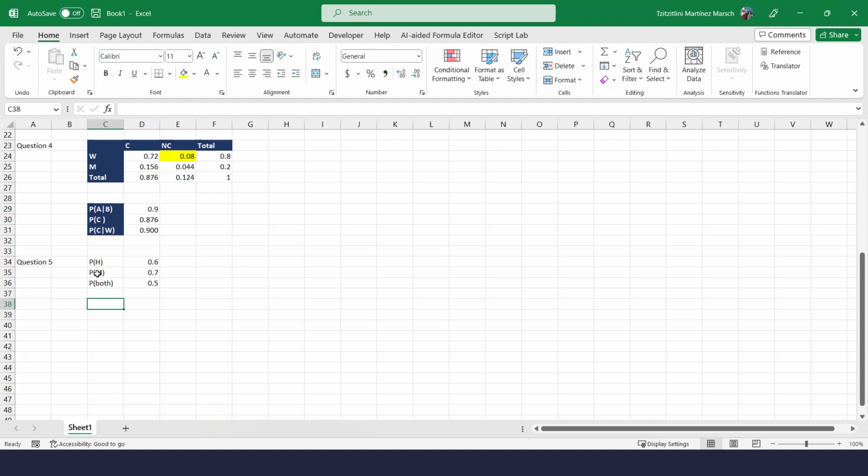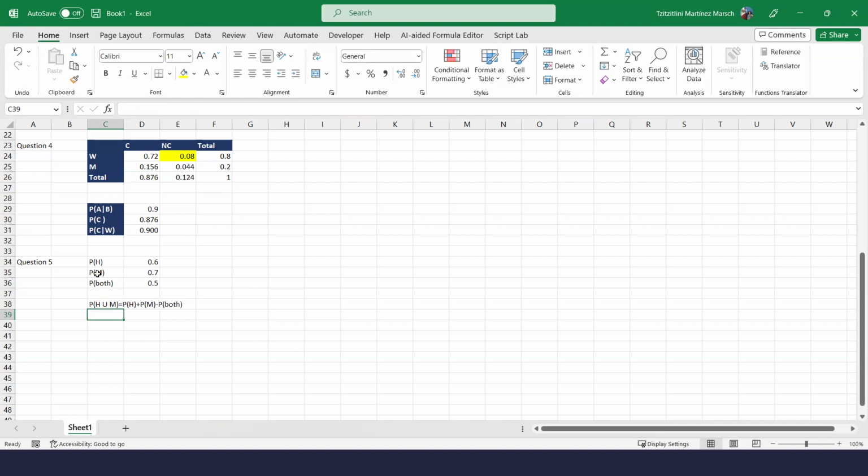If you remember, the additive law is the probability of H union M, it goes both ways, equal to the probability of H plus the probability of M minus the probability of both.